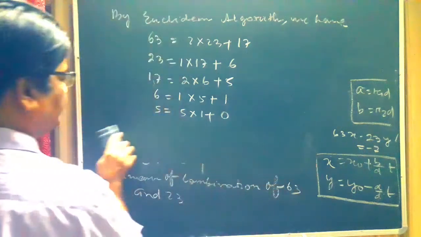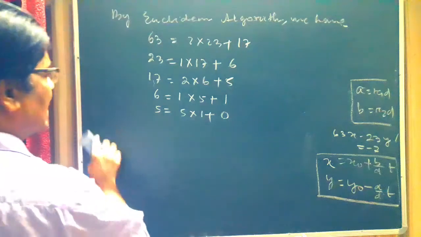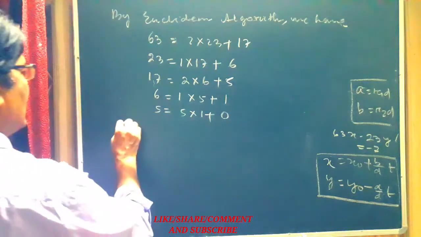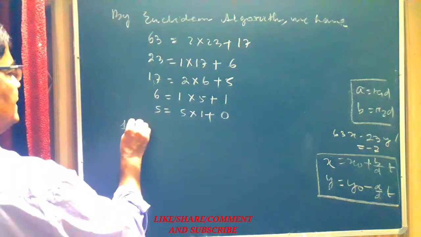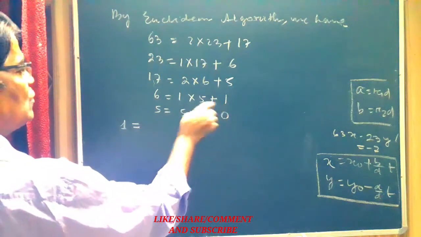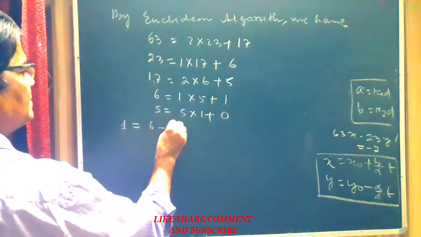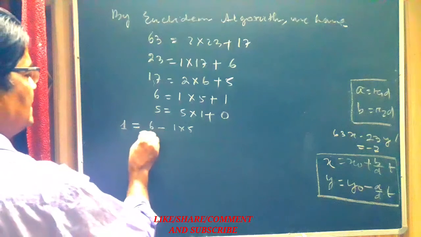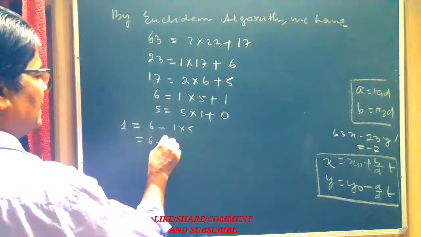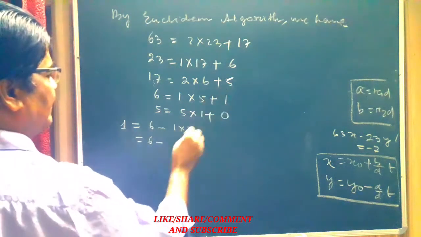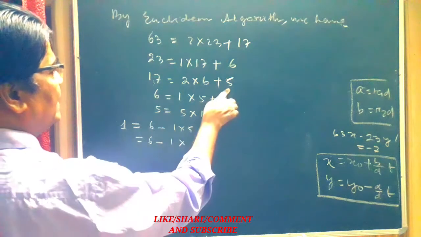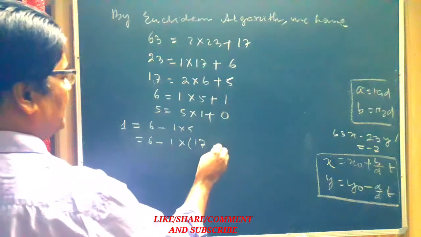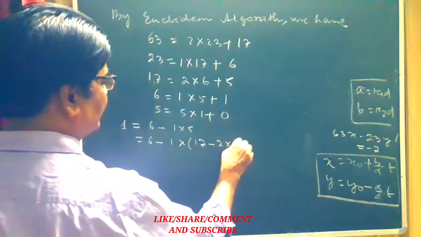So we can write now, 1 = 6 - 1 x 5. This 5 can be written as 17 - 2 x 6.